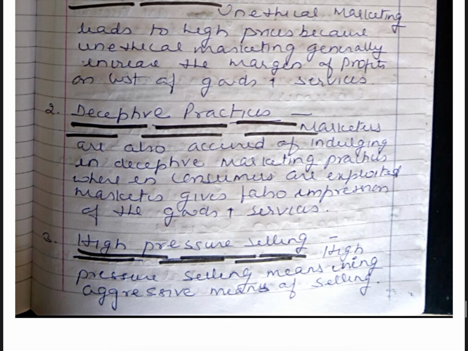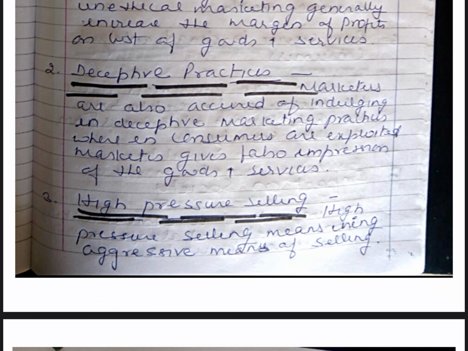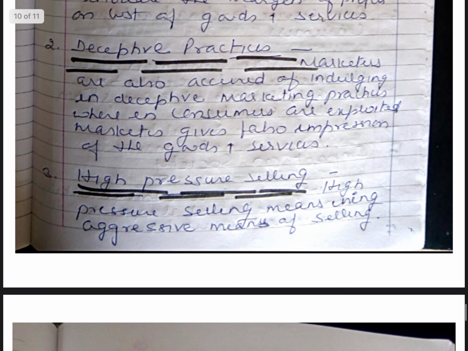The second is deceptive practices. Marketers are also accused of indulging in deceptive marketing practices wherein consumers are exploited. Marketers give a false impression of the goods and services. They don't give facts, they don't give true information to the consumers about the products.